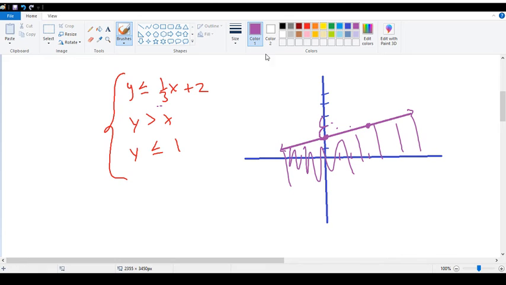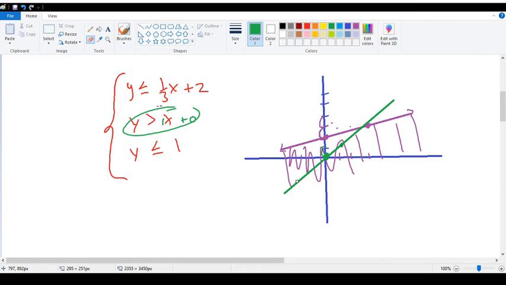Let's go to the second one here. The second one is y is greater than x. There's no y-intercept here, so we know it's going to be 0. So 0. Slope is 1, so up 1 over 1. And there's my line. And recall that this line has to be dotted because it's greater than x.